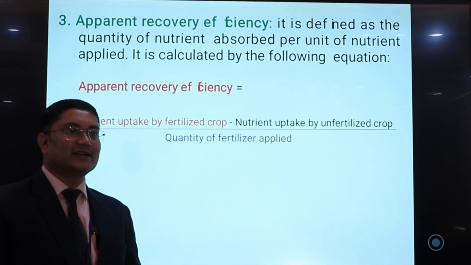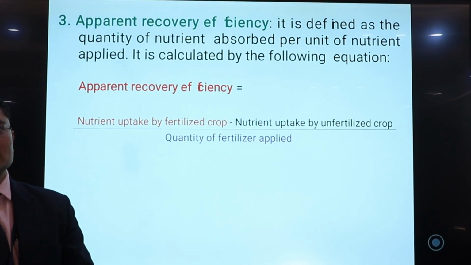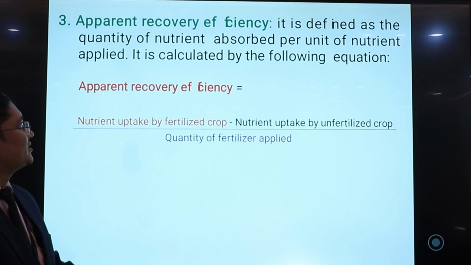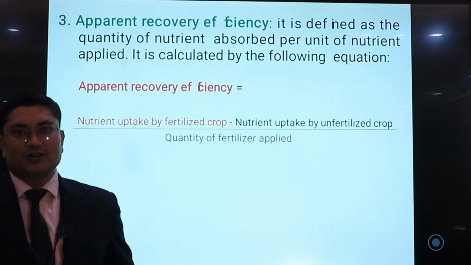So we can easily get the value of fertilizer use, how much quantity we have to apply. These are the three methods for nutrient use efficiency. Thank you so much.